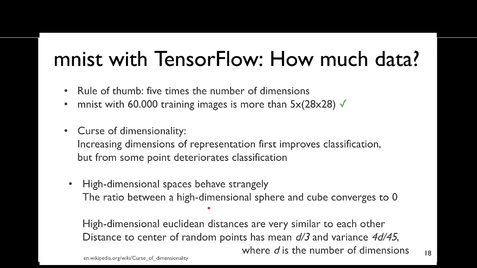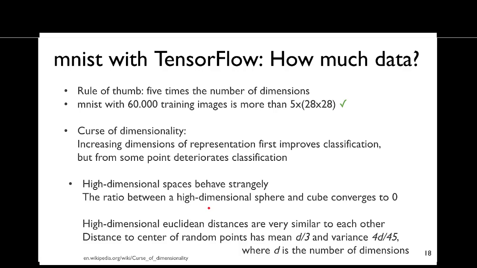And there is, for example, the problem of the curse of dimensionality, which essentially says that if you specify your problem at a very low resolution, you will have poor results. So as you increase the number of dimensions to represent your problem, you will get improvements, but only up to a certain point. At some point, performance starts decreasing as you increase more and more dimensions.